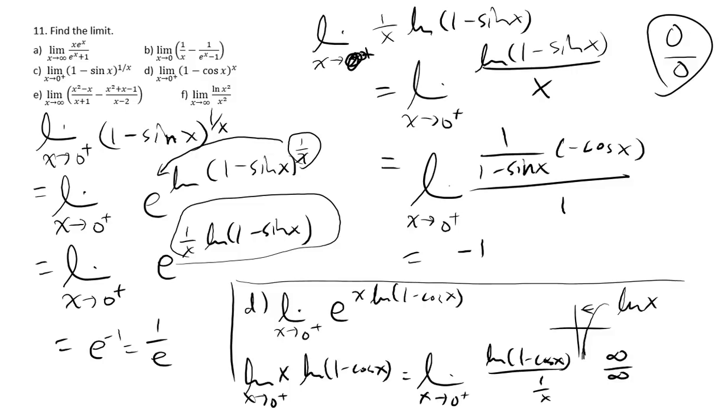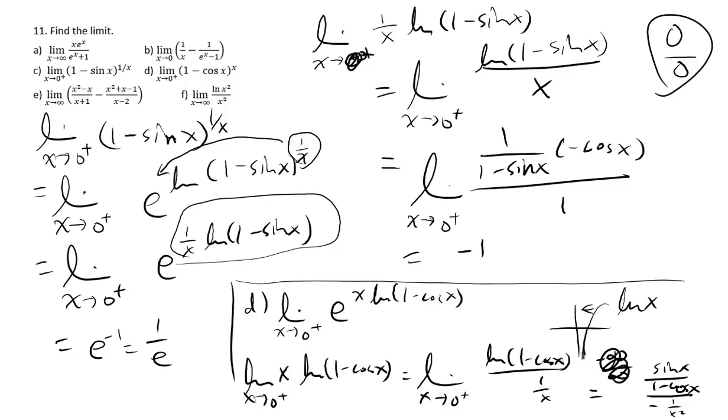It's really negative infinity over infinity, but still in this case you can use L'Hopital's. So if you use L'Hopital's, you end up with sine of x over 1 minus cosine x as the derivative on the top. If you differentiate the bottom, it is negative 1 over x squared.